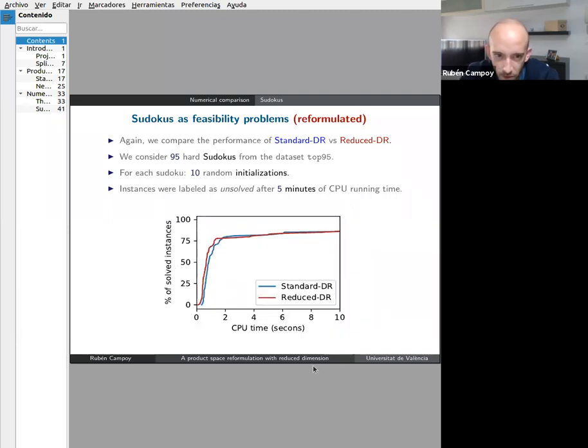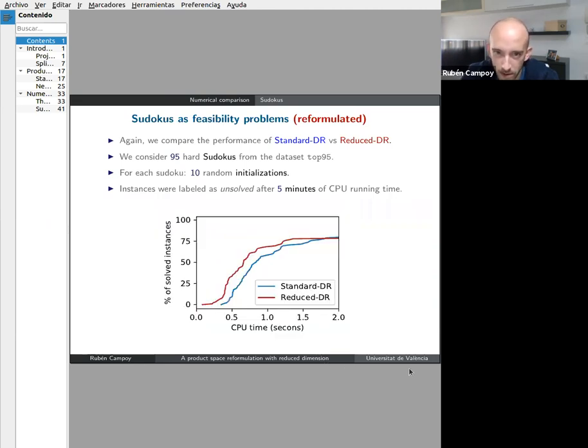Again, the two lines are really overlapping, because the competition is actually in the first seconds of the running time. So I'm going to zoom in again. And here we can see that reduced DR was consistently faster than the standard DR. So for the same CPU times, it solved a higher percentage of Sudoku instances than the standard approach.